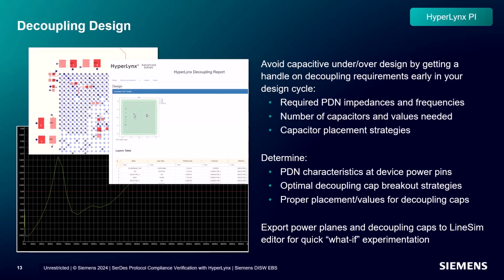Hyperlinks offers pre-layout decoupling analysis flows comparable to that for DC analysis. The PDN can be extracted from a design currently in active layout, modeled and analyzed, then exported to the PDN editor in LineSim for interactive what-if analysis to explore possible improvements in the design.